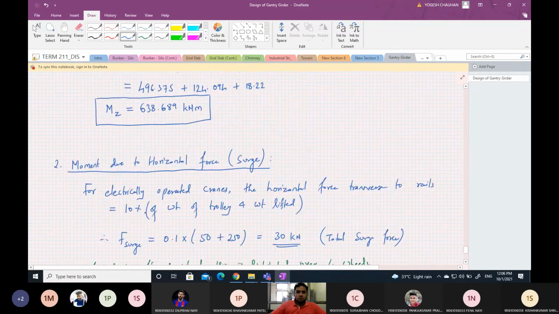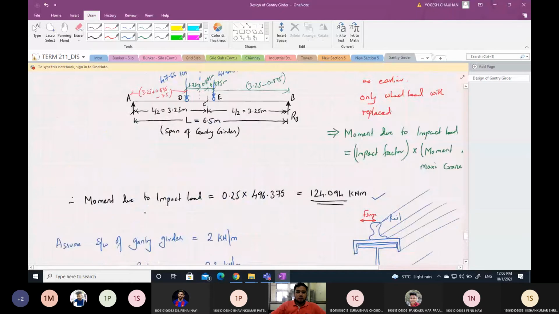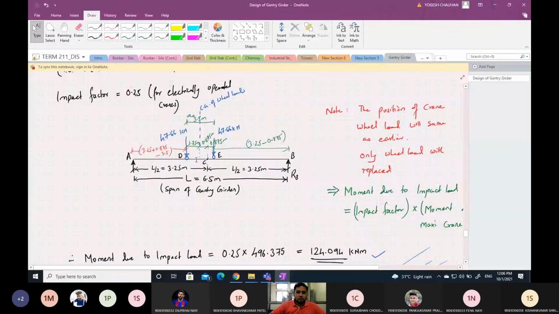So this position will be the same, only this time the surge force will be acting in the horizontal plane.